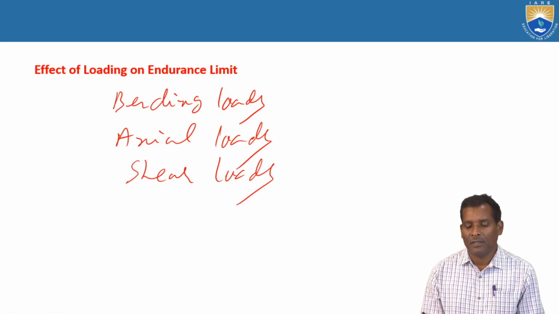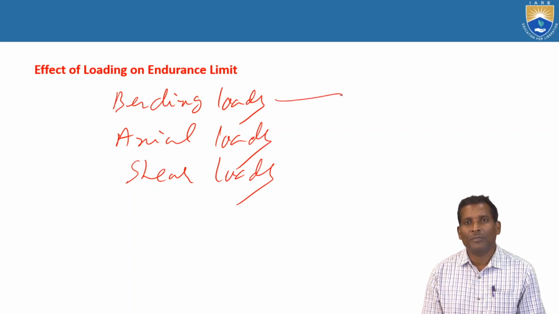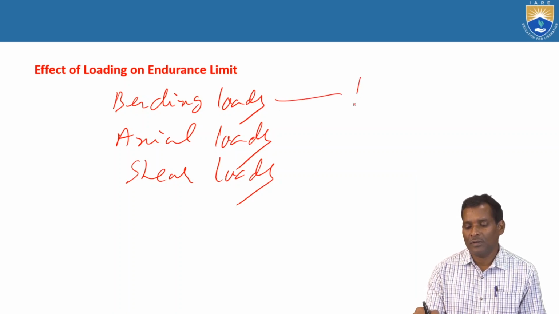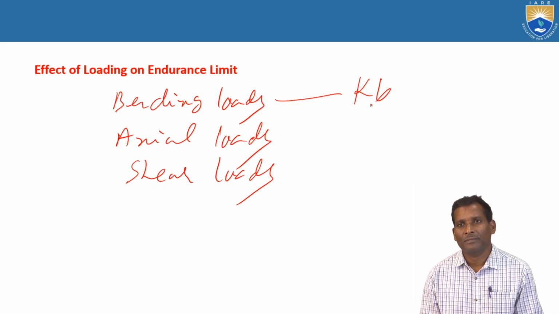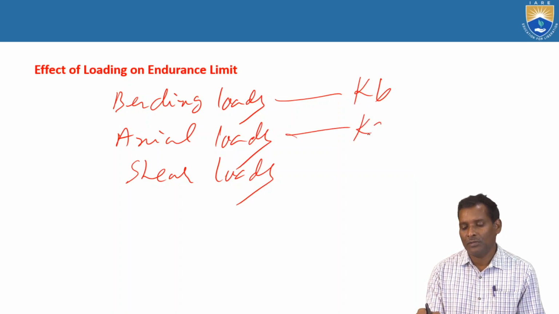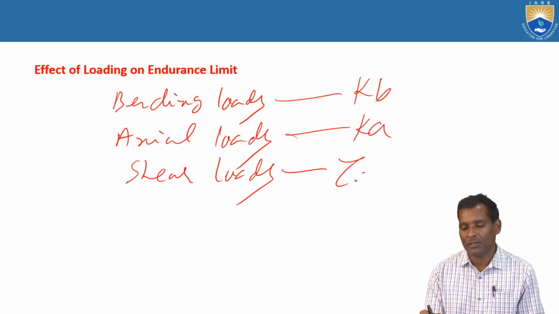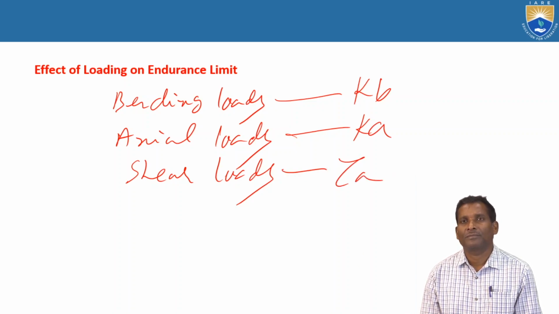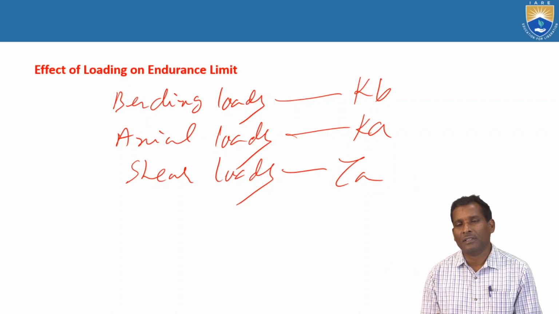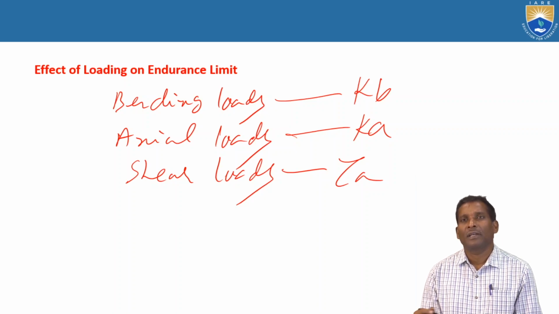So you should take the bending load correction factor, axial load correction factor, and shear load correction factor. You should multiply this factor with the standard endurance limit stress value you got experimentally.